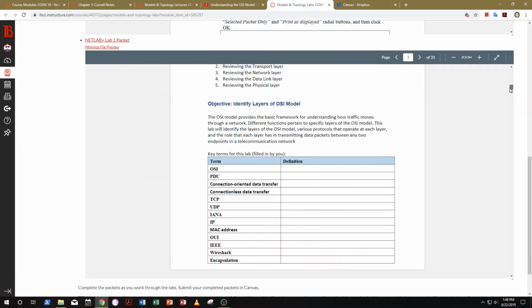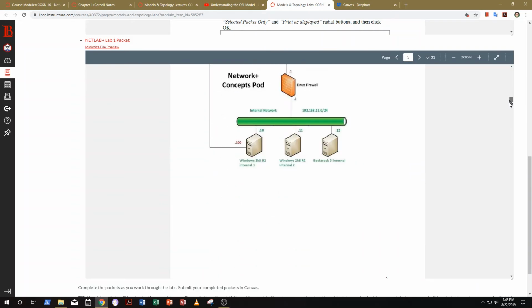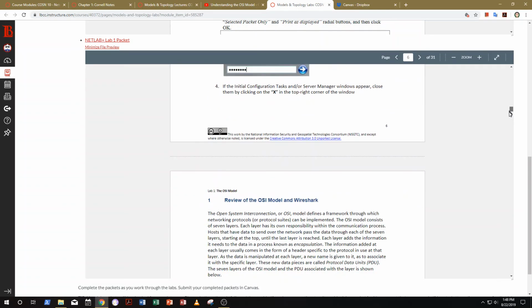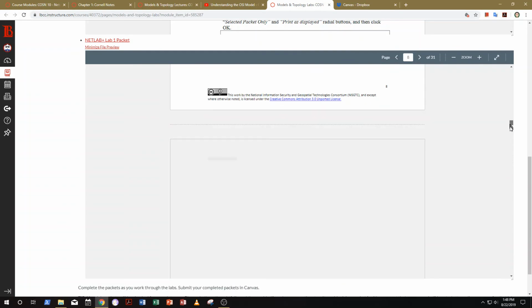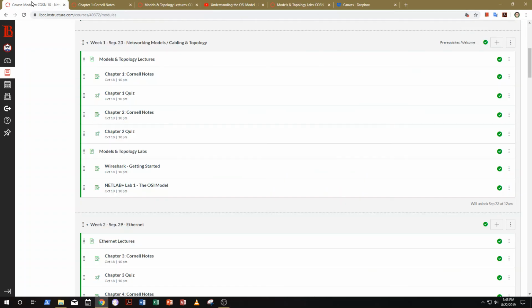Again, don't make the mistake of just jumping right in, because right away, here's some key terms for you to fill out. Don't forget this, because if you leave these blank, your score is going to take a hit. Just like the Cornell Notes, if you make a conscious effort to complete the lab thoroughly and correctly, you'll earn full credit. So that's what you can expect from week to week in this class.